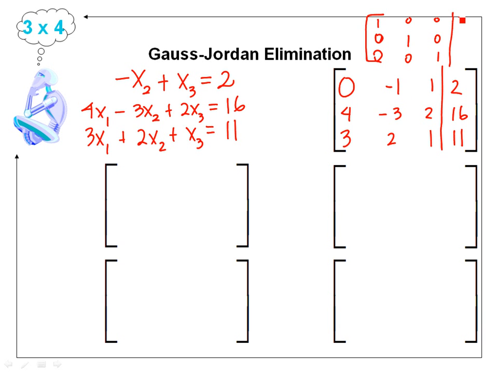And in this situation, notice that that very first number is a 0, so we can't make that a 1. Therefore, let's switch some rows. So let's swap row 1 and row 3. I just need that to be something so I can get a 1 out of it. Okay? So let's swap row 1 and row 3.